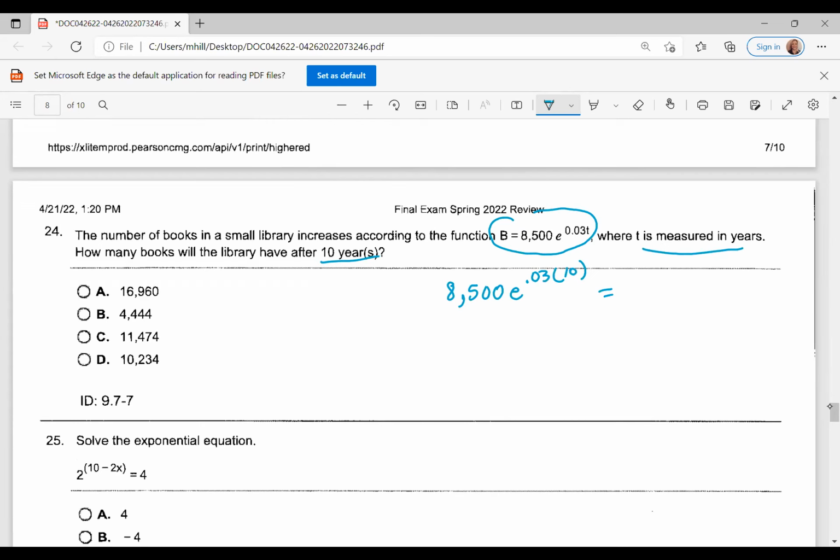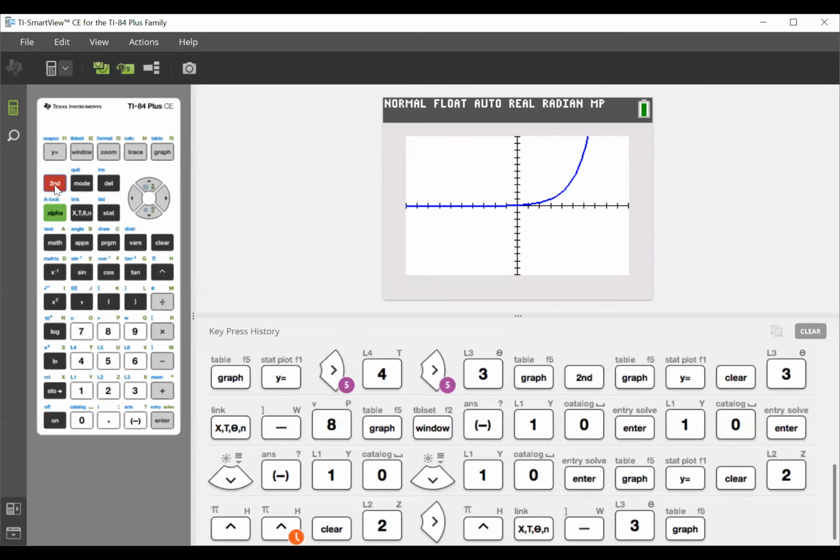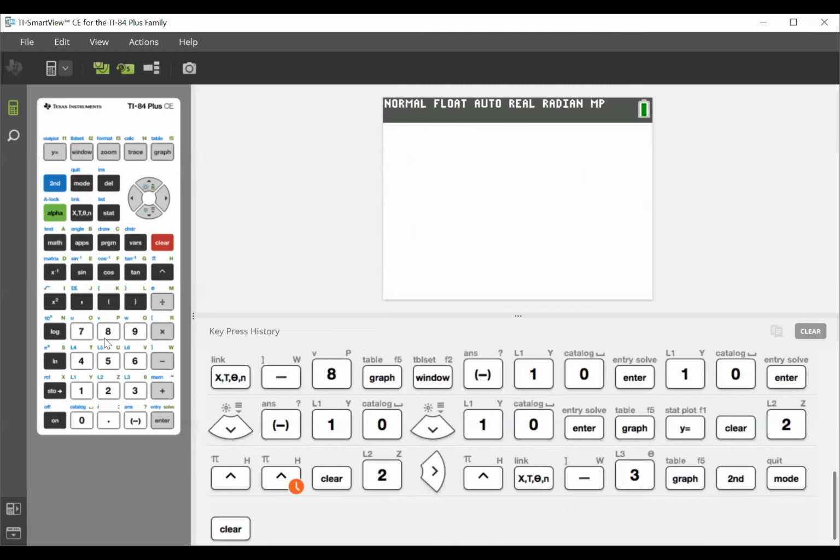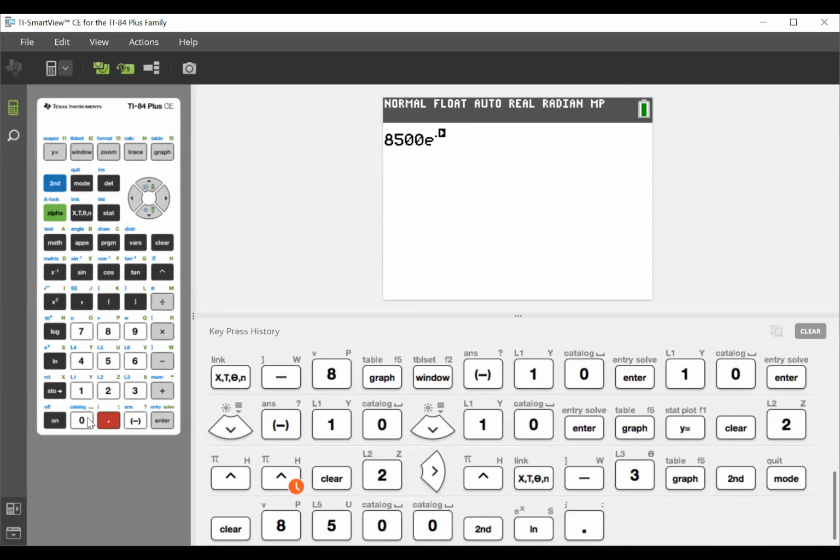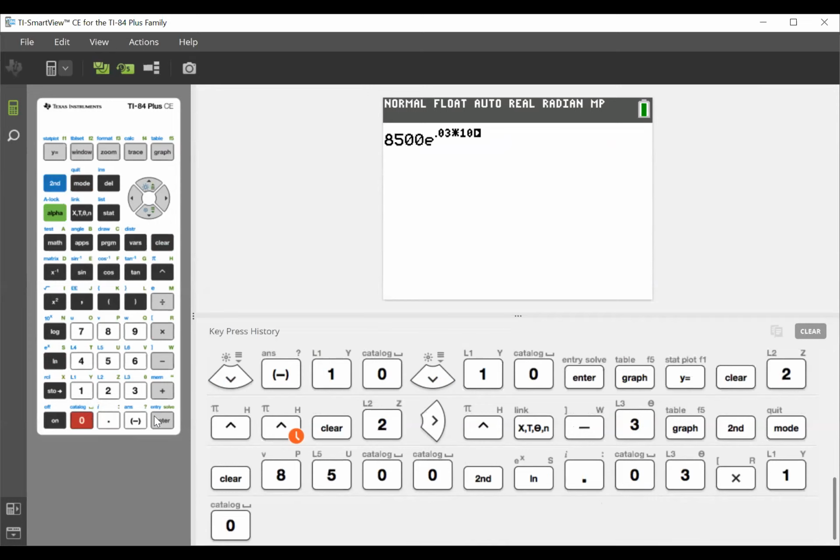I'm going to work this on the calculator just because this is the review, and some of you may not remember how to type the e in your calculator. So let me go there real quick and just do that. 8,500, and then to get the e, you're doing second ln, to the 0.03 times 10.